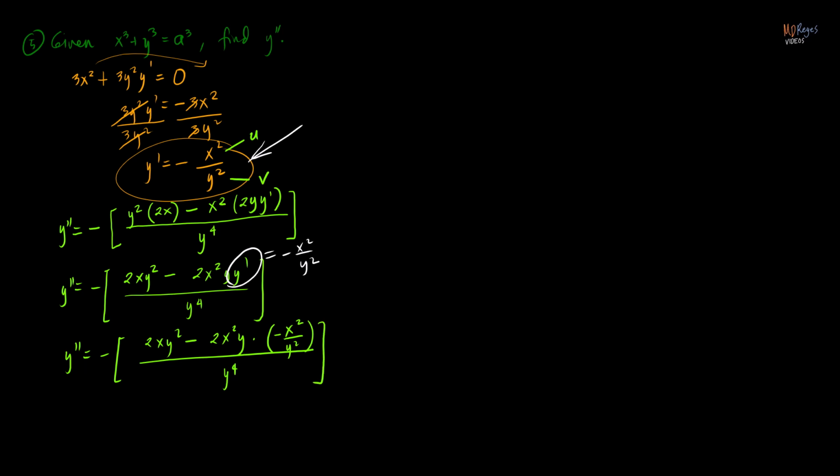Now we'll simplify because this is a complex fraction. We'll take the LCD in the numerator, which is just y squared, and we'll have y to the fourth still in the denominator.